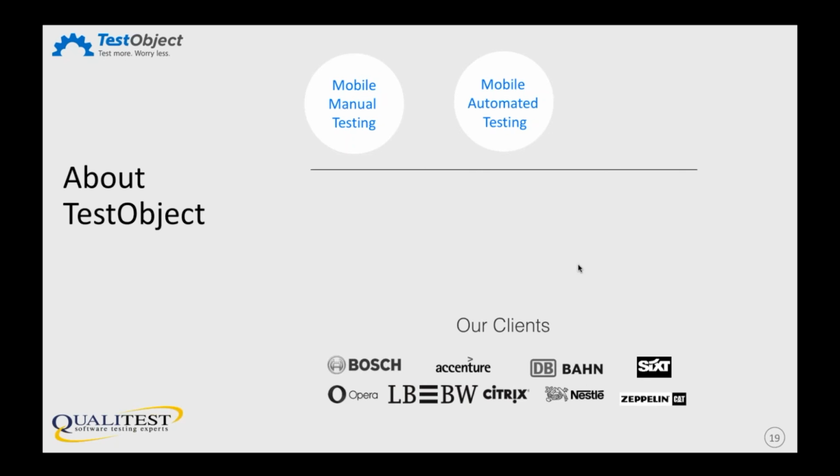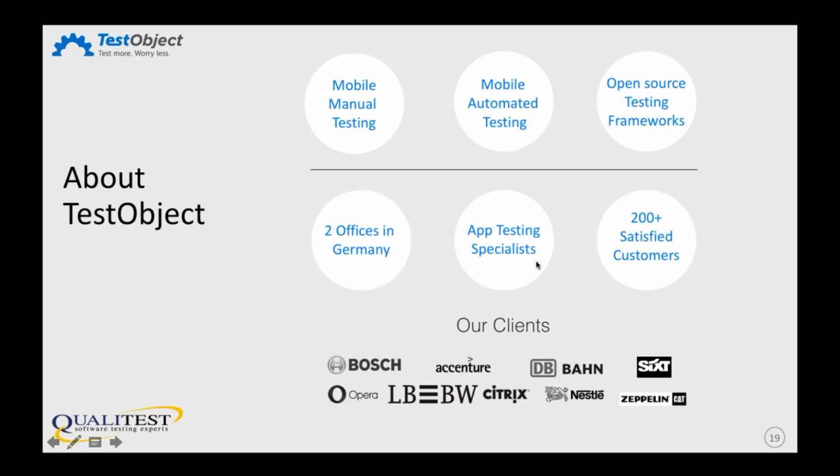So we integrate with Robotium and Espresso for the Android side, and of course we have a cross-platform solution, that is we integrate with Appium, which is what we're going to look into in more detail very soon. TestObject is the cloud testing solution of choice for many large enterprises which operate in different industries.